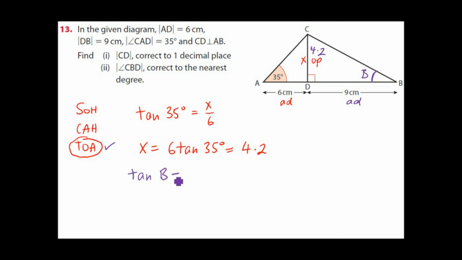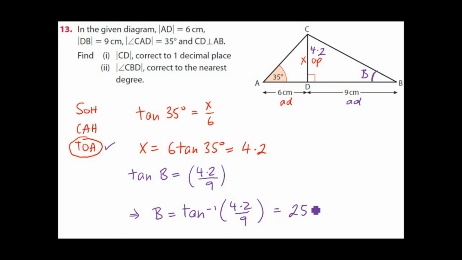So my statement is that tan of the angle B is opposite, which is 4.2, divided by the adjacent, which is 9. Therefore B is equal to tan inverse 4.2 over 9. We always use the inverse function when we're finding an angle. And type this into the calculator. Now we see the answer is 25 degrees.